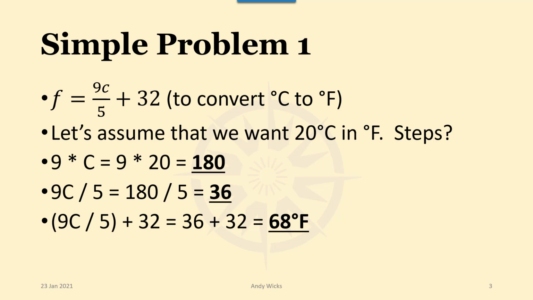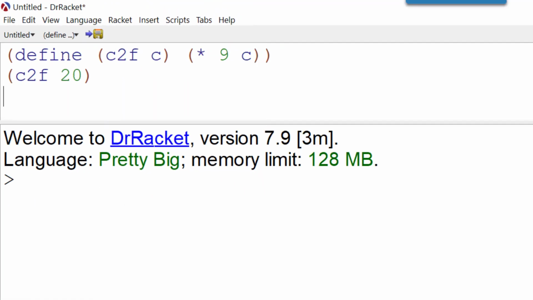Let's nip into Scheme. The first thing we have to do is to create our basic function. So what we need is a function called C to F, convert centigrade to Fahrenheit, and we're going to take a value C, a particular value of centigrade, and then that function has to do something. So that's what's in the second set of brackets. As you know, we use Polish notation.